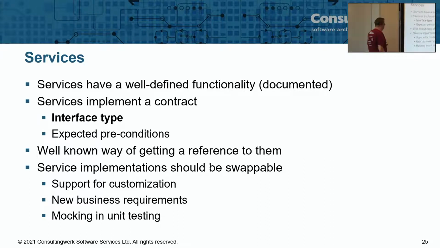There should be a well-known way of getting a reference to them, and service implementation should be swappable, just like things that you get from a factory. And a lot of that sounds very similar to the factory.